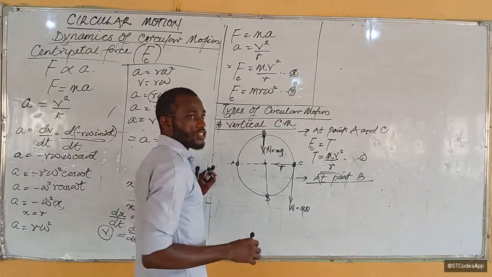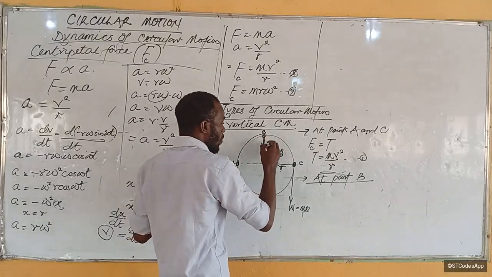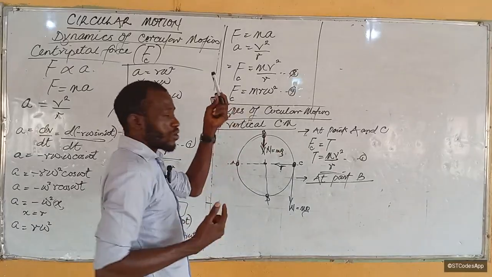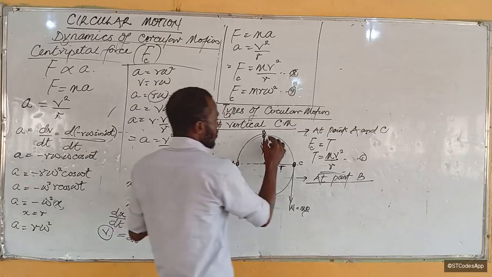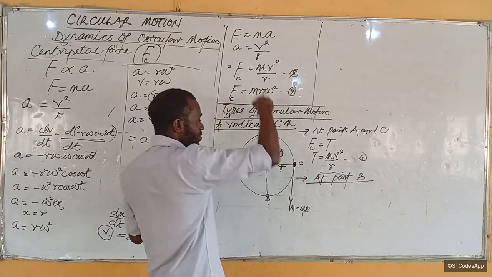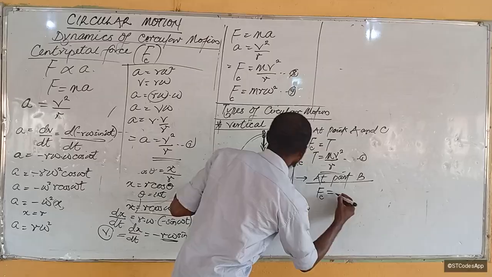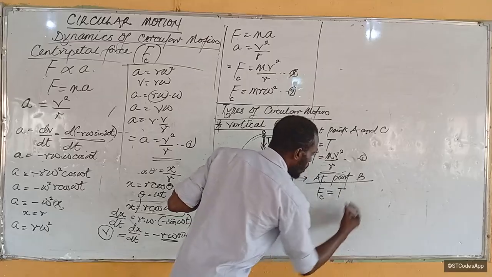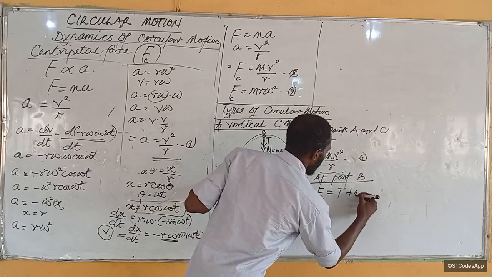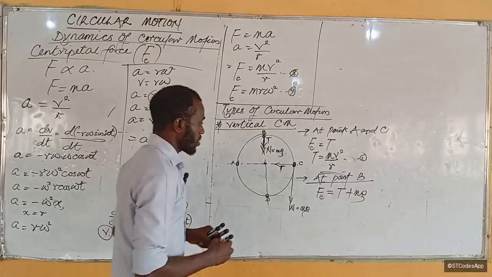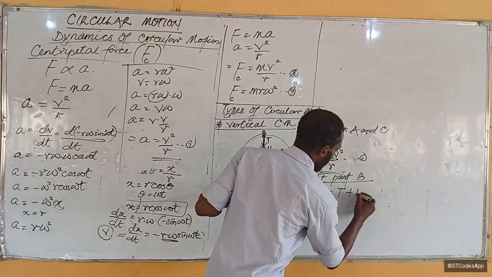Tension will also act straight downward, because tension acts away from the load. So both of them are acting straight downward, then the centripetal force on this body is going to be the sum of the tension plus the weight of the body.